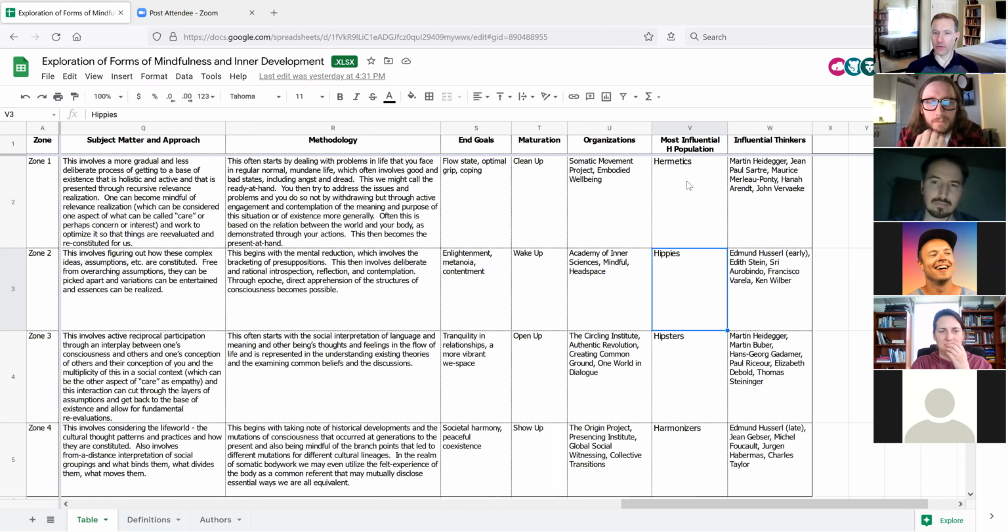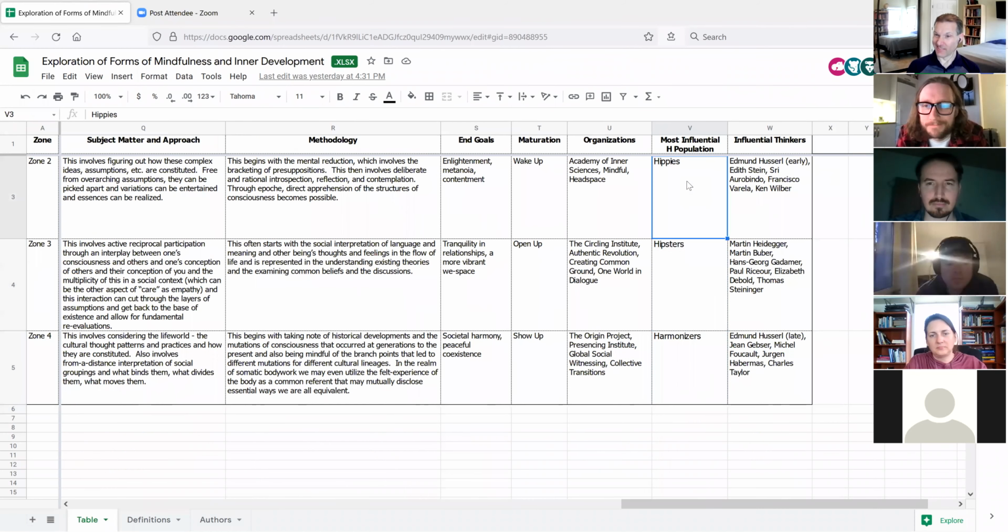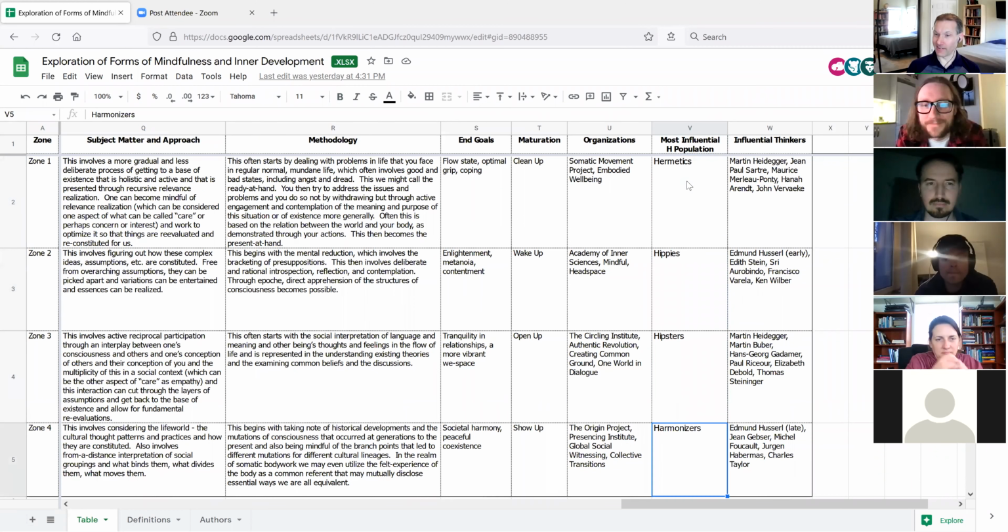So at least we have those three H's, and then we don't really have a way to put the hackers here, because the hackers didn't seem to go here. So I decided to seize on Jared Lucas's suggestion to put harmonizers there, and then to leave the hackers off this particular table.